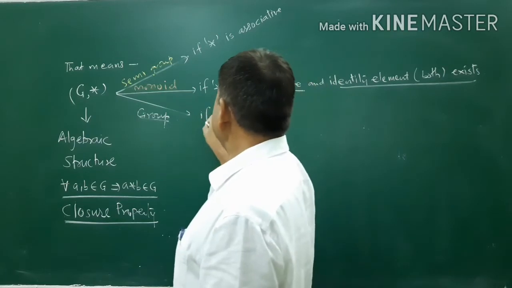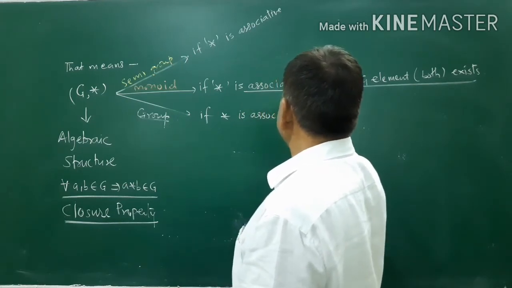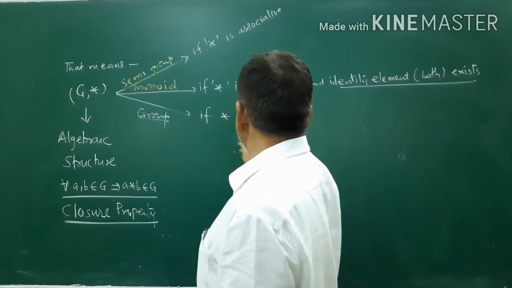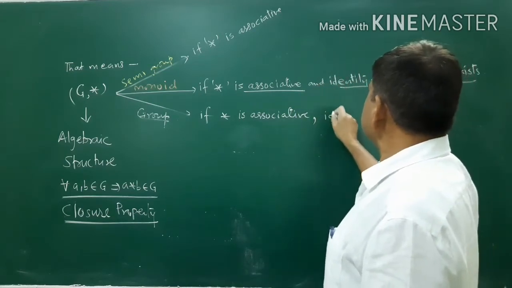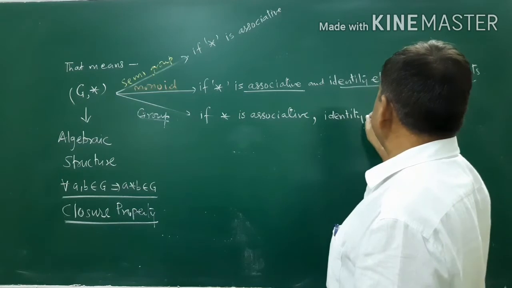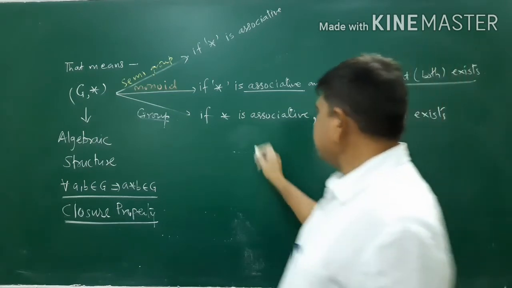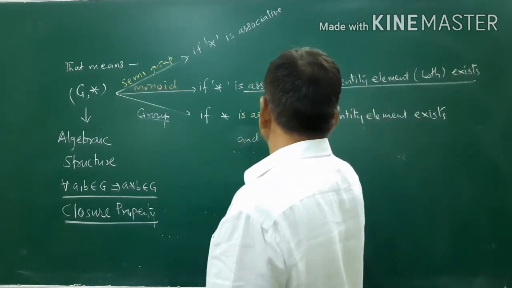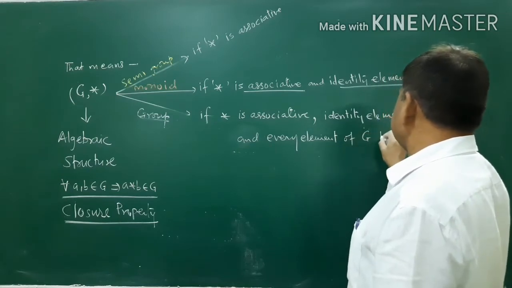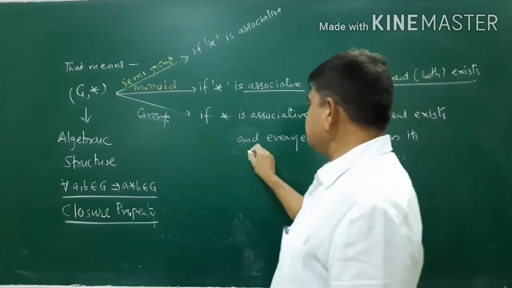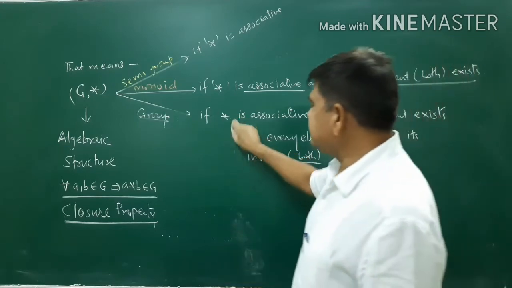Group: if this is associative, an identity element exists, and every element of G has its inverse, both left inverse as well as right inverse.